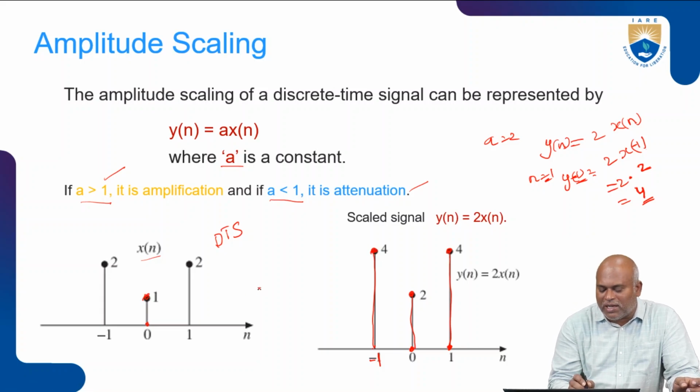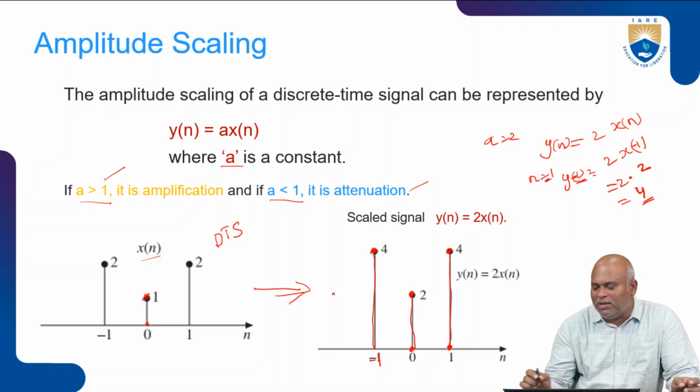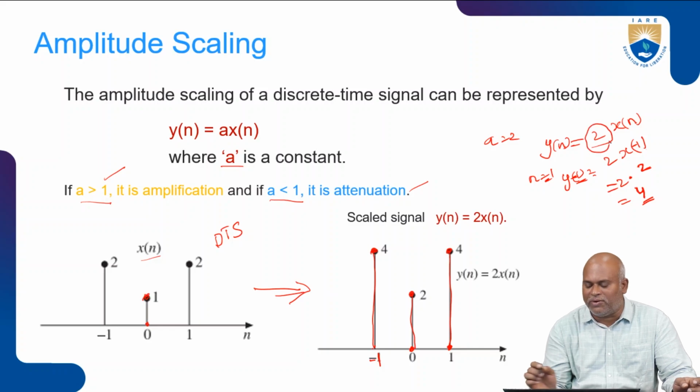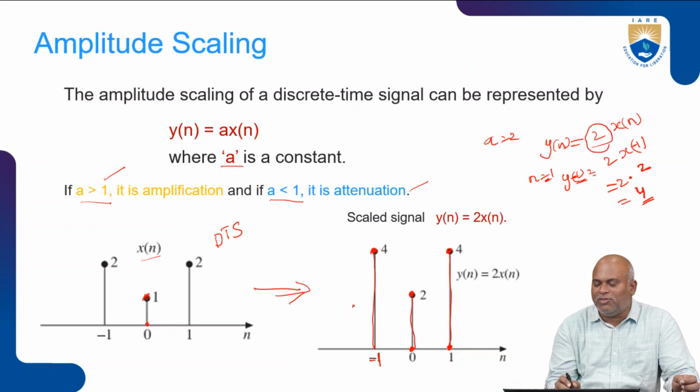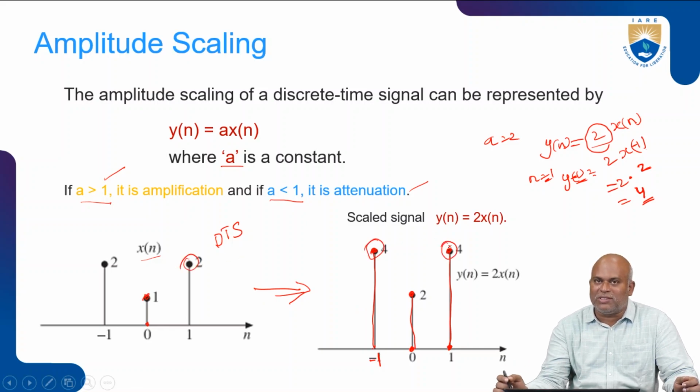So now you compare the input with the output while scaling by a value of 2. The signal is amplified because the discrete value amplitudes are increasing, but there is no time change.